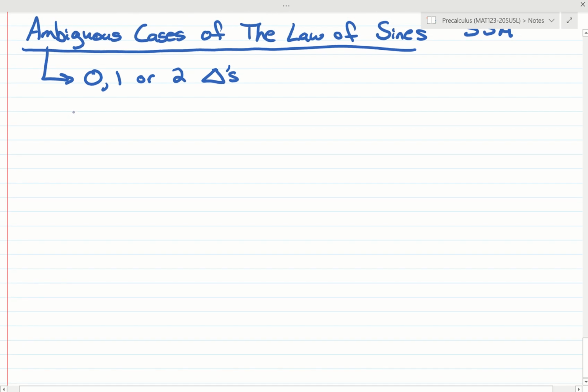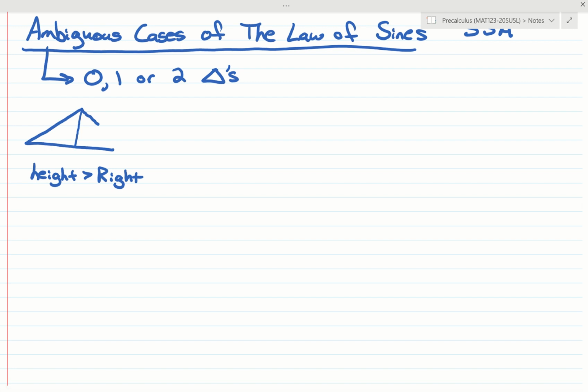It's possible to have 0 triangles if when you go to draw it, the height is bigger than the right side. We would have no solution there. So we have to talk about how to find the height, and we'll talk about that in a little bit.